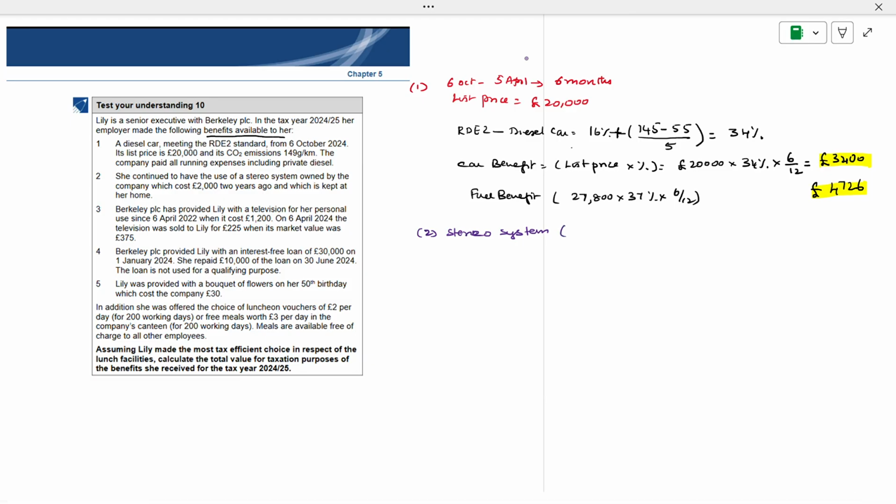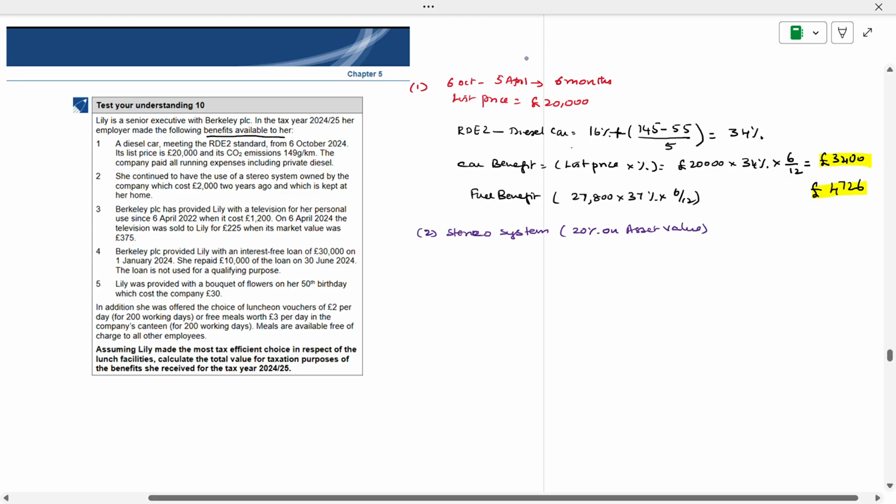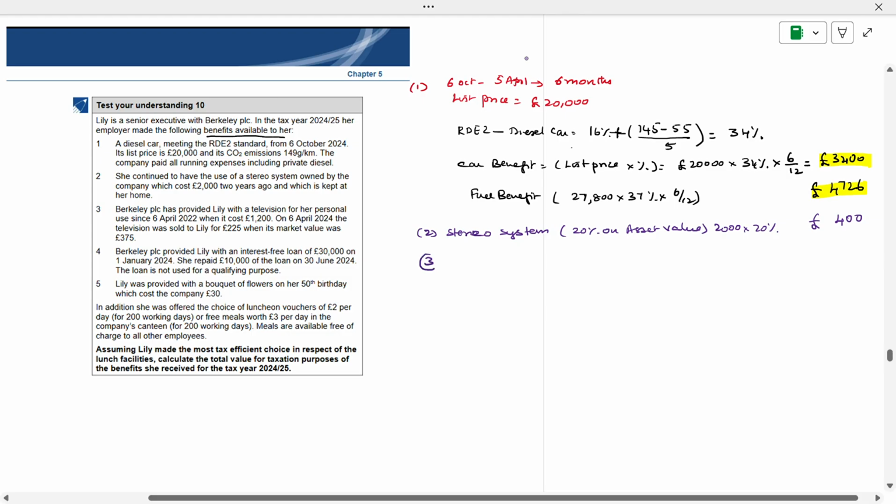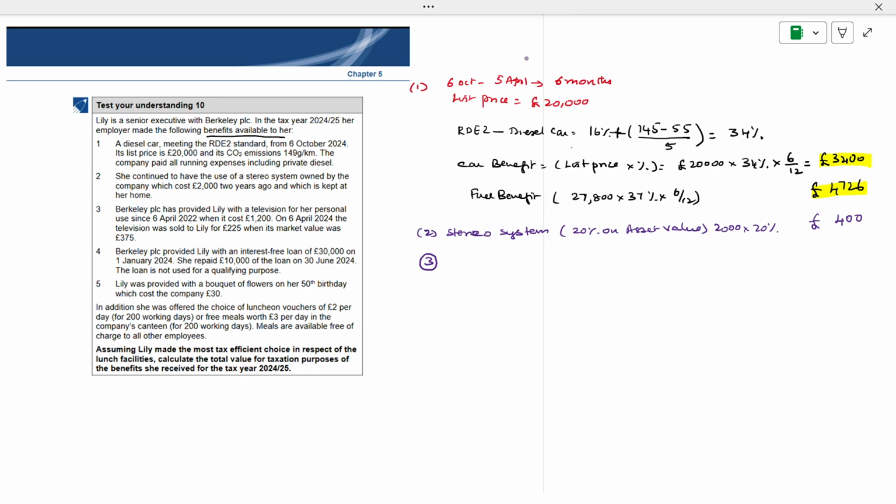You have to calculate 20% on asset value. 2000 times 20% comes to how much? 400. See, simple. Now you will have a complete revision individually.